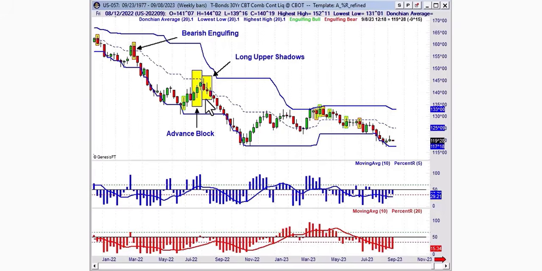Very large upper shadows tell us the market is rejecting higher prices. And then what happens? Boom, we come to the downside here. And then this pattern right here, one, two, three, four, is referred to as a bullish tower formation. That's not a buy signal.